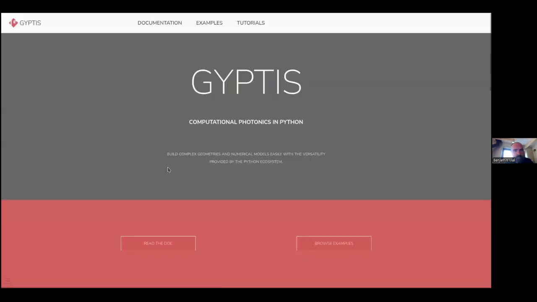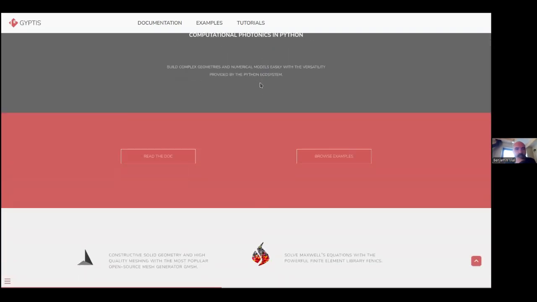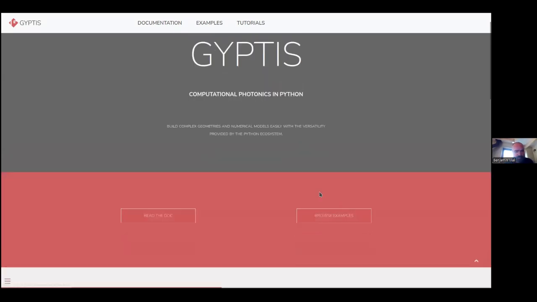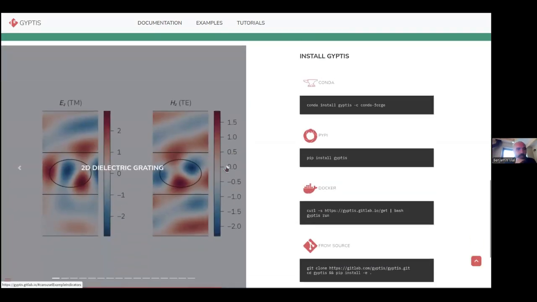So this is the website of the code, so you can have a look around. You can have some documentation and browse the examples from the code. You've got various examples.